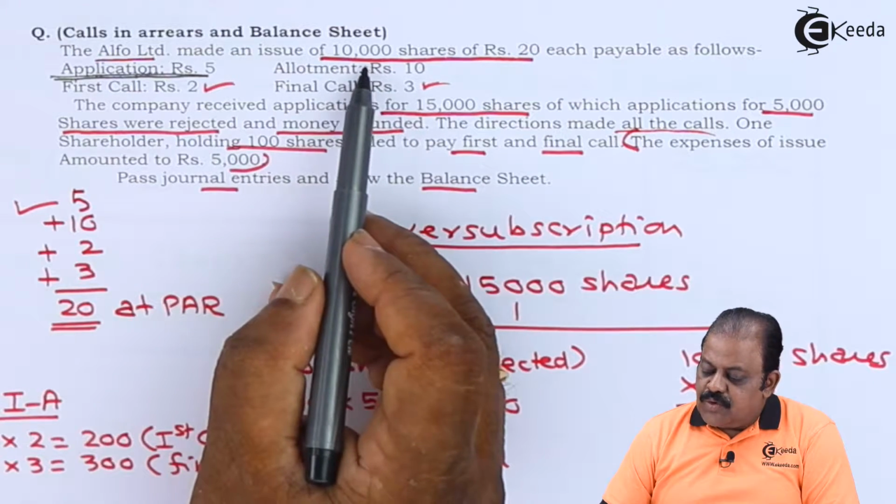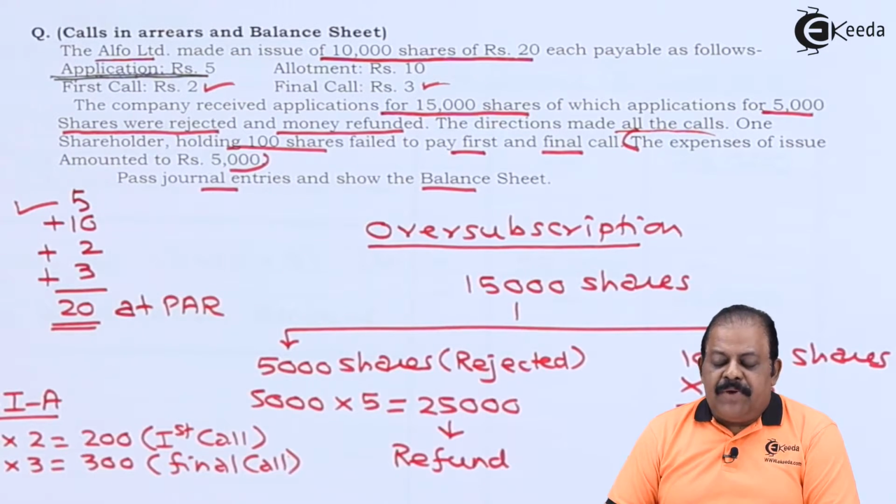Company intended to issue 10,000 shares. Application amount on these 10,000 shares will now be transferred to share capital account.